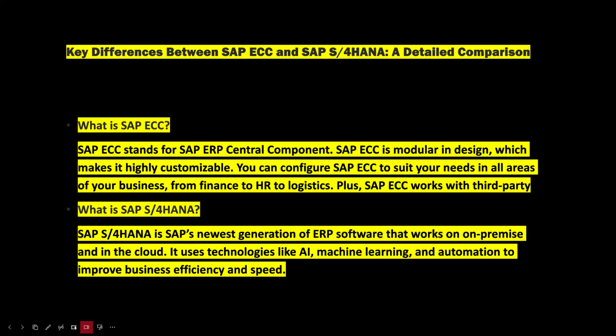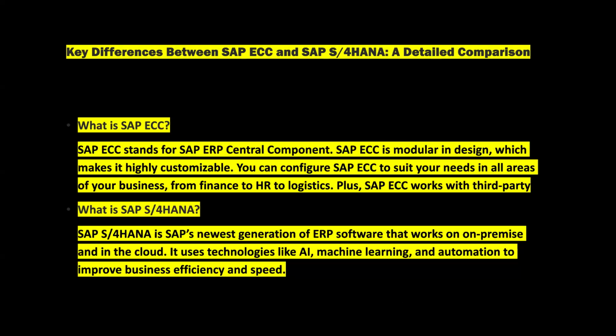SAP ECC is modular in design, which makes it highly customizable. You can configure SAP ECC to suit your needs in all areas of your business, from finance to HR to logistics. Plus, SAP ECC works with third-party systems, okay?